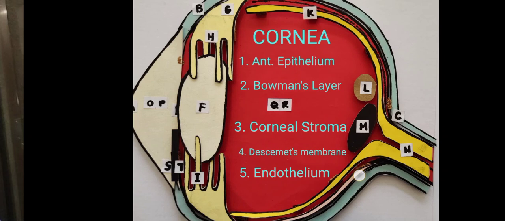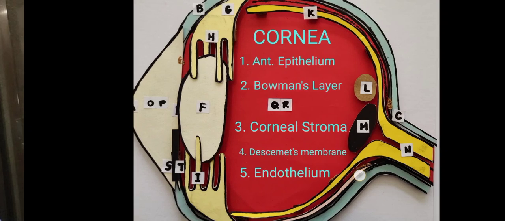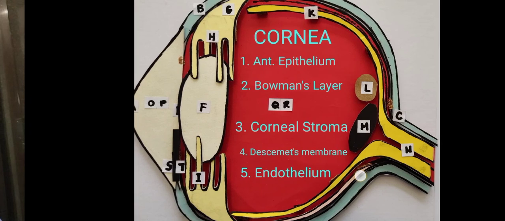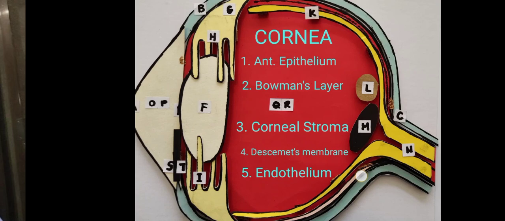The aqueous humor is the one that supplies nutrients to the anterior parts of the eye, like the lens, the cornea, and all those adjacent parts. So the endothelium allows this liquid, the aqueous humor, to get inside this layer so that it can nourish the rest of the other parts of the cornea.